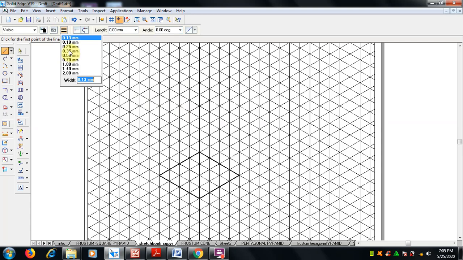Select 0.5 mm thickness. From here I am going to draw the square. If it is 20, from here you come down 10, then 10 mm vertically, and then you can draw 2 by 2 boxes: 1, 2, 1, 2, 1, 2, 1, 2.